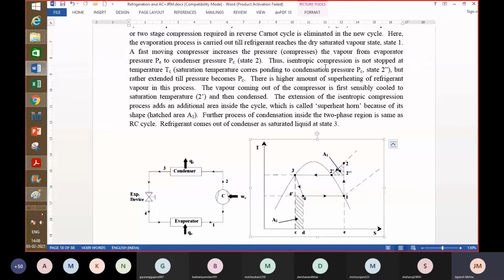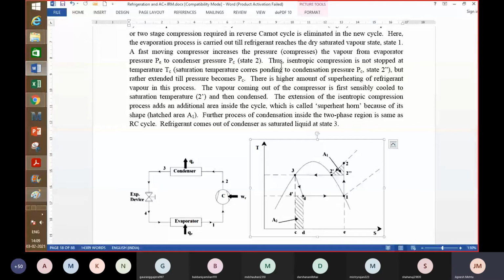So in an adiabatic process, straight away you compress it up to that point 2. Thus, isentropic compression is not stopped at temperature Tc, not at the intermediate temperature or at this point.